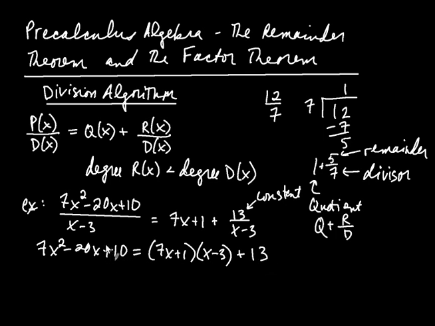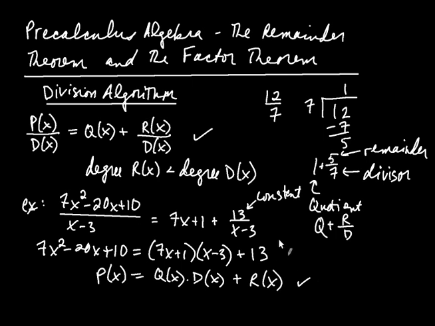So in other words, p of x was written as the quotient times the divisor plus the remainder. So you can write your answer like this, but we often write it like this as well.